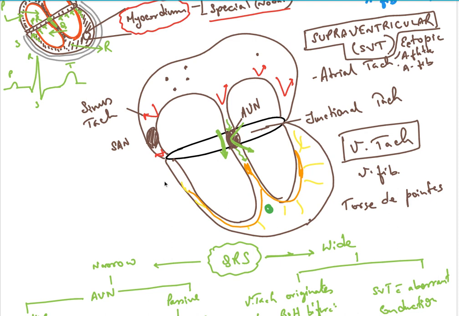Junctional tachycardia will also come under supraventricular, because the junction is also above the ventricle. So junctional tachycardia and atrial tachycardia are grouped under supraventricular tachycardia. And in ventricular tachycardia, there is VFib, ventricular fibrillation, and another thing is torsades de pointes.